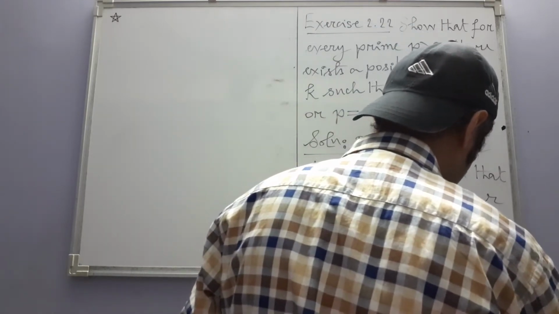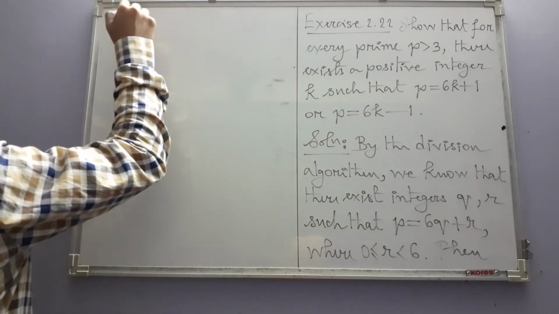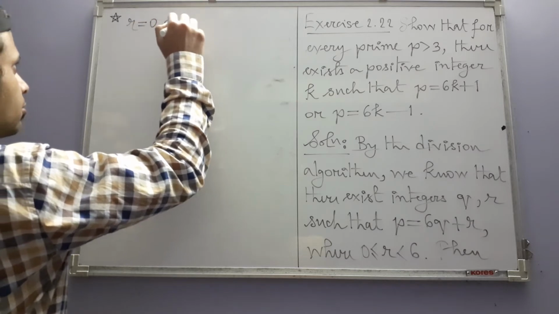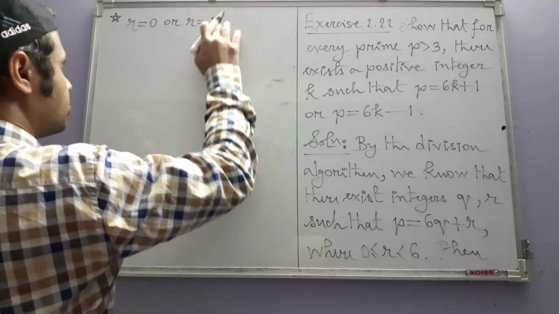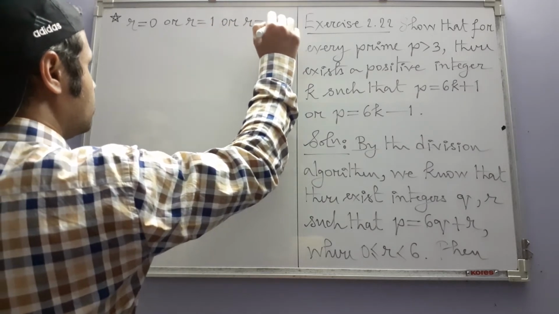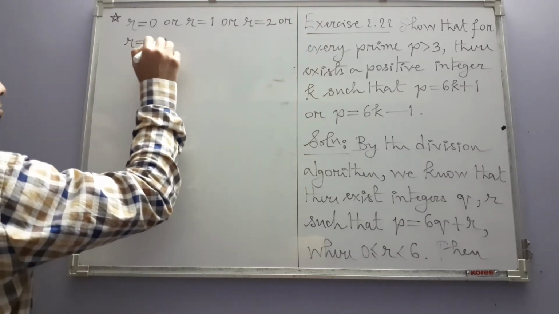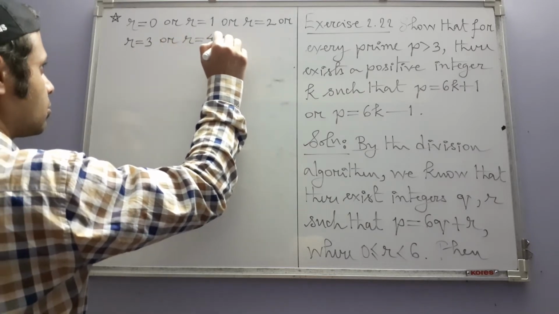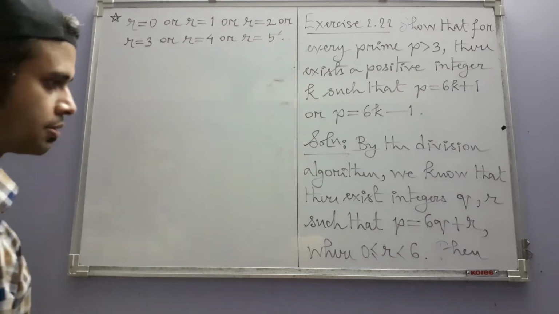Then r is 0 or 1 or 2 or 3 or 4 or 5. These are all the possibilities.